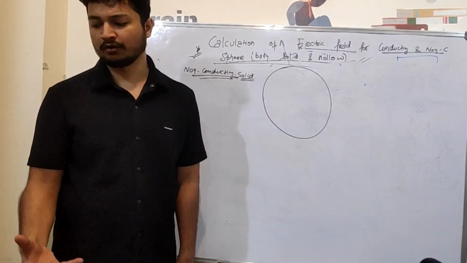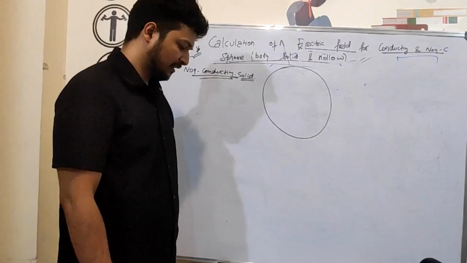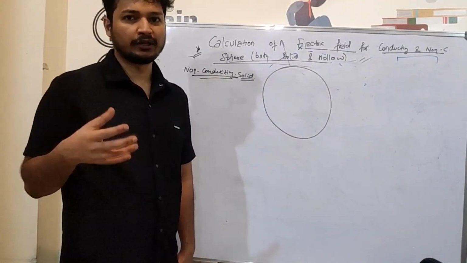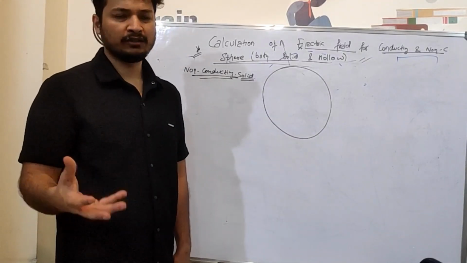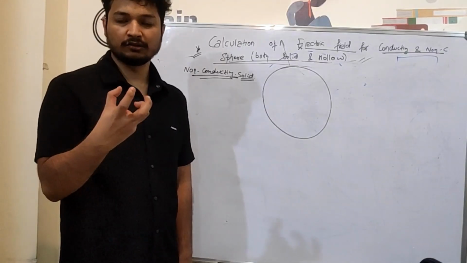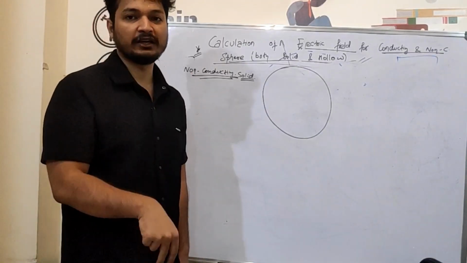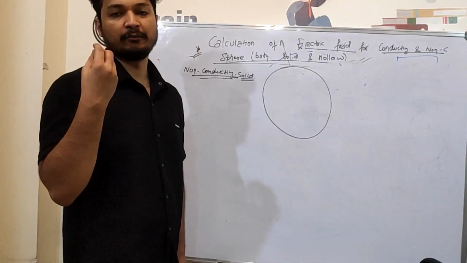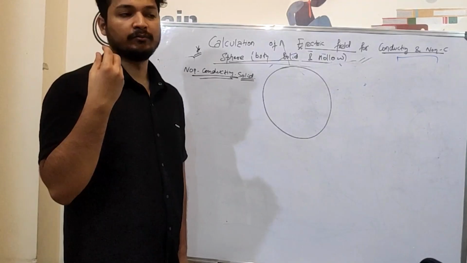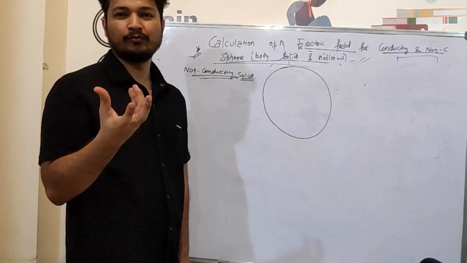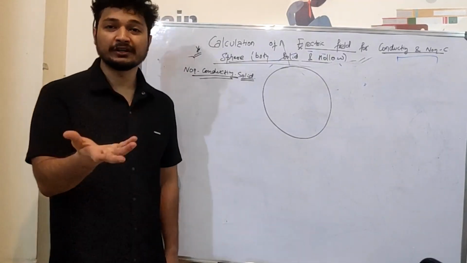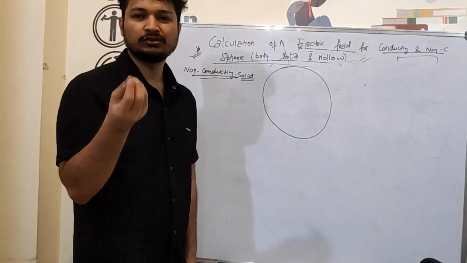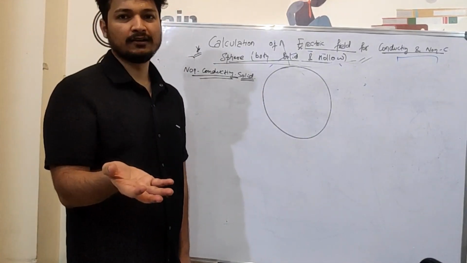Like there is a ball, like anything you've seen, obviously what is a solid and what is a hollow thing. So a ball, like the ball which we play cricket with, it's hollow inside. But ball bearings we see, those things are solid.